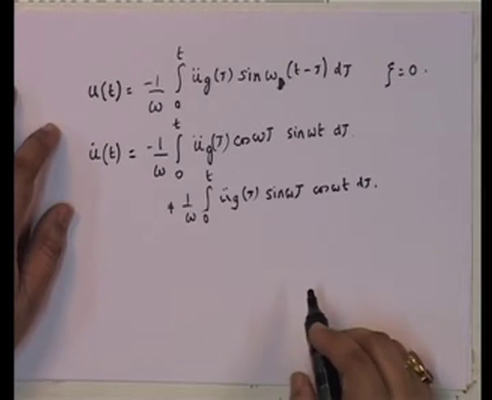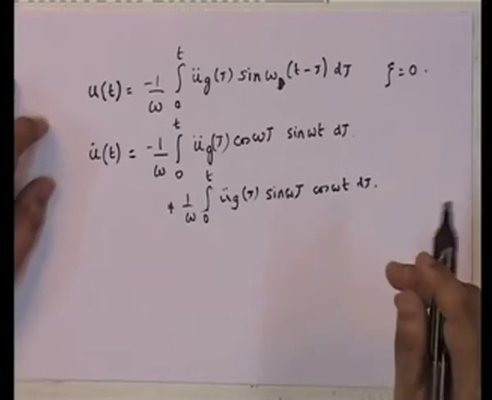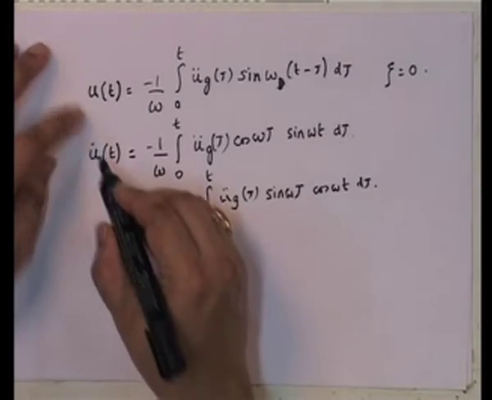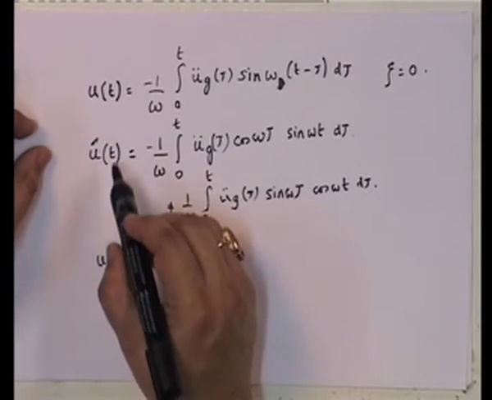Again the sine omega t and cosine omega t come outside. Sorry, this is not u dot of t, this is just u of t.